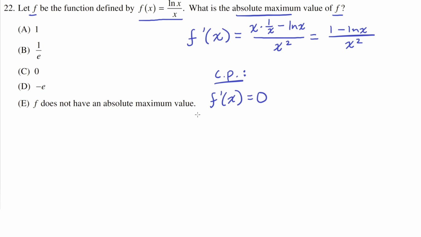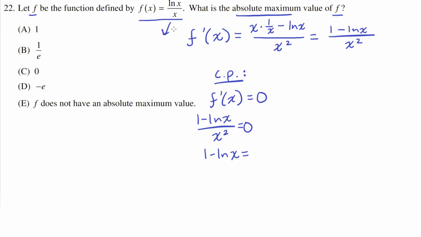So we need to find where 1 minus ln x over x squared is equal to 0. The first step to solve this is to multiply both sides by x squared. Normally you wouldn't be able to do this because x can be 0, and you can't multiply both sides of an equation by 0, otherwise you might lose solutions.